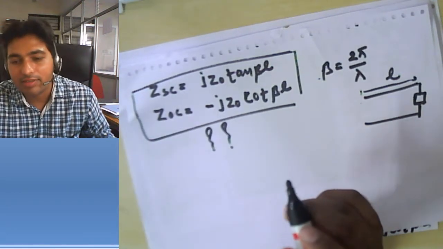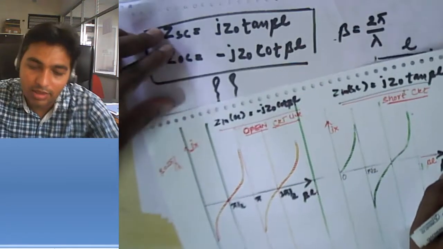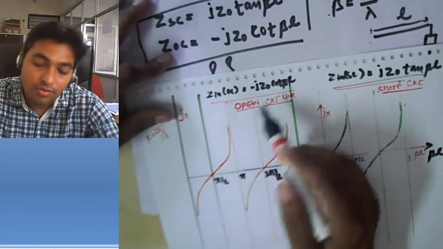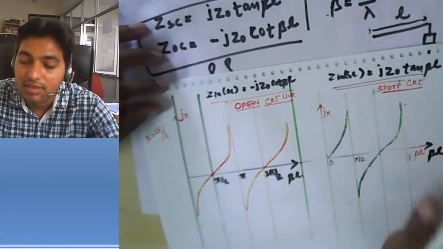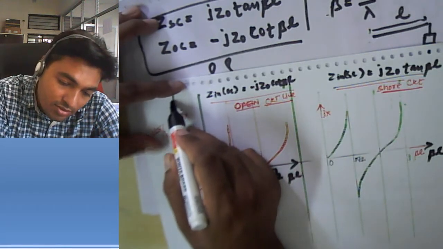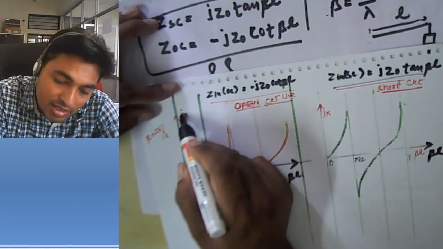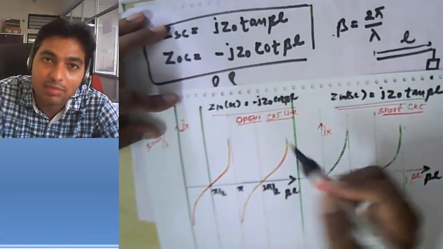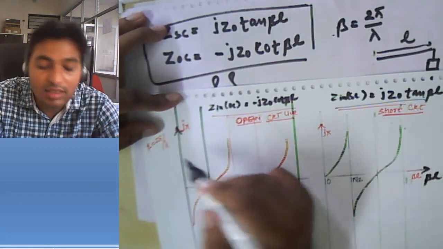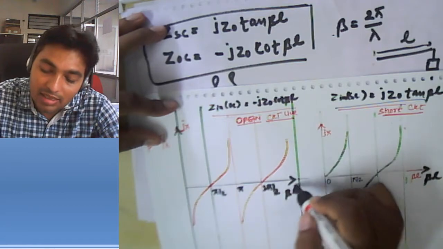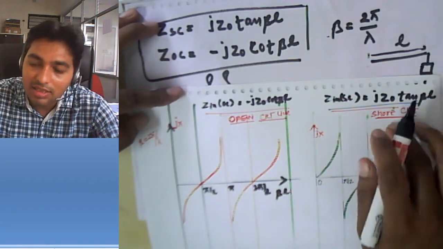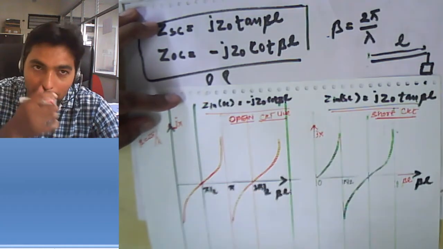Here I have drawn the curves for cot βL and tan βL. This is the imaginary impedance jX, where this axis represents impedance and this axis represents βL.